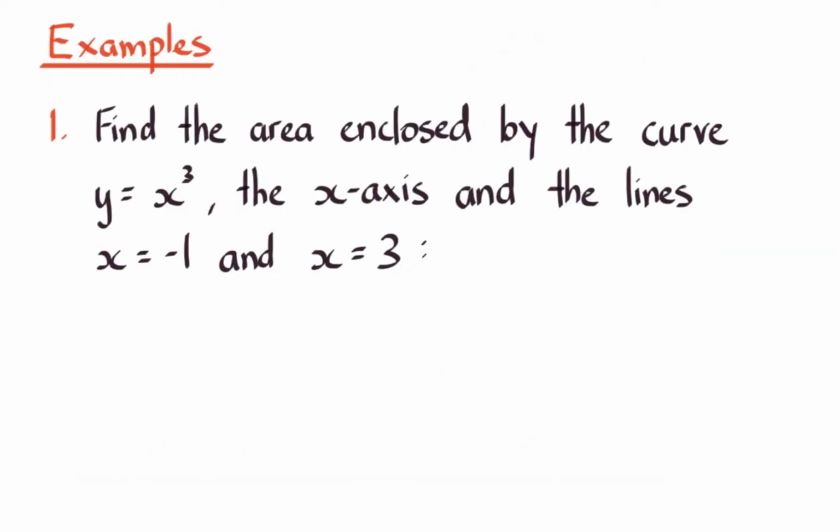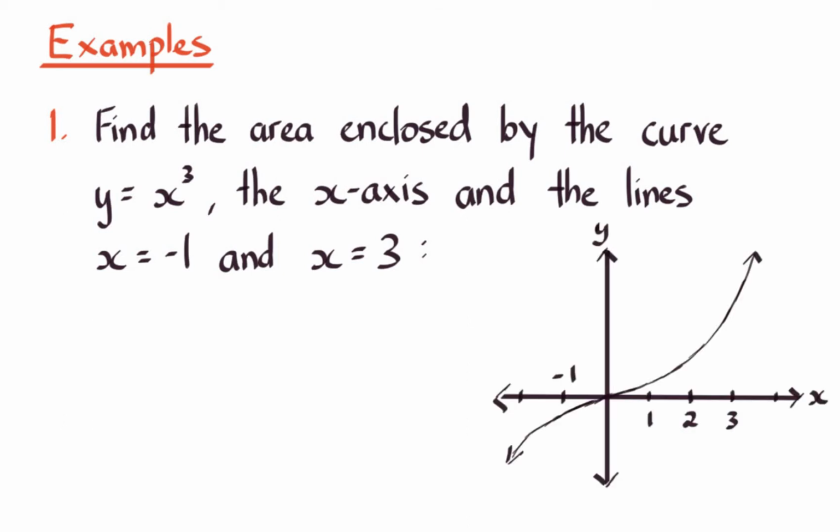Number 1, find the area enclosed by the curve y equals x cubed, the x-axis, and the lines x equals minus 1 and x equals 3. So just like before, let's draw a sketch of y equals x cubed. Now keep in mind, when we're sketching, we don't always have to make our y-axis scale the same as our x-axis scale.